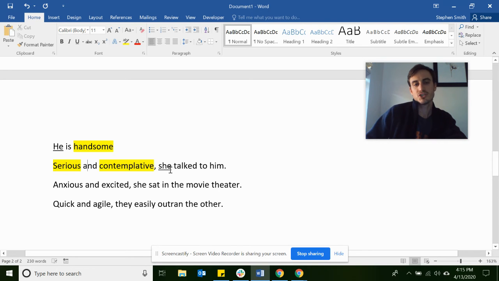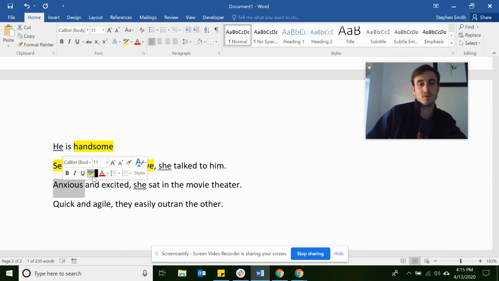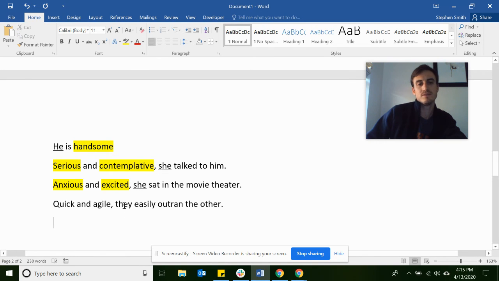They're describing she. Anxious and excited, she sat in the movie theater. What was she like? She was both anxious and excited. Quick and agile, they easily outran each other. Quick and agile are describing they.